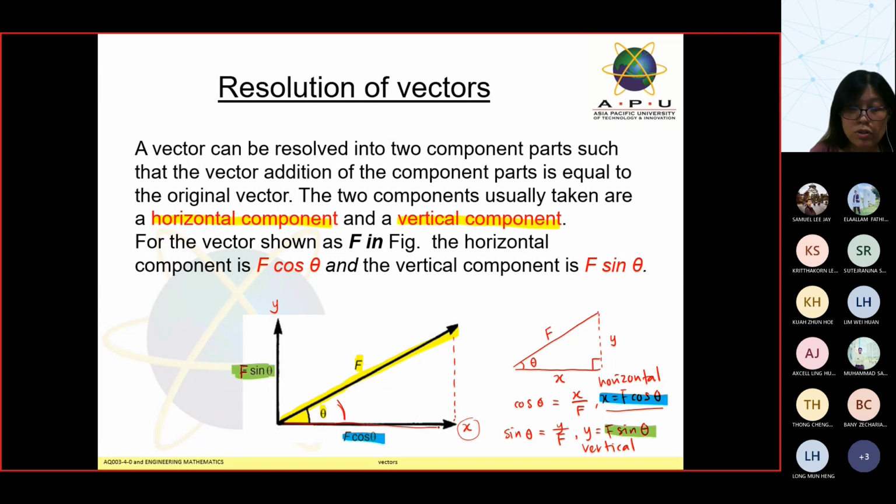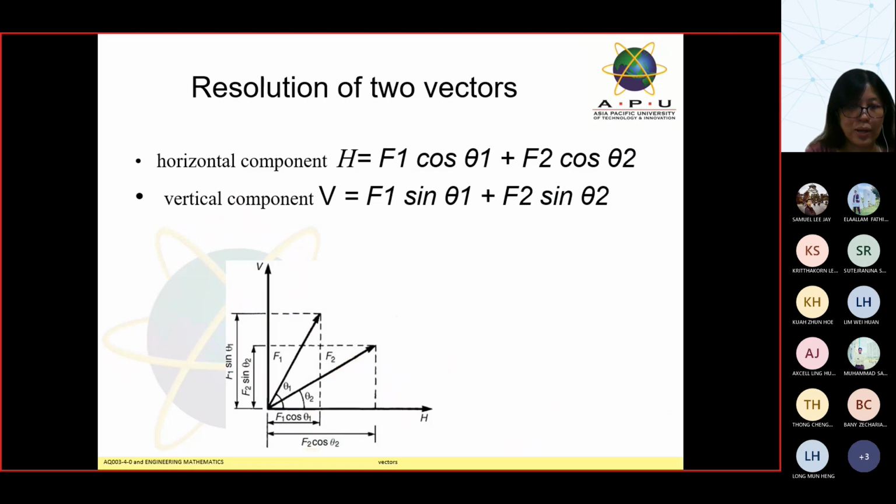So if your theta is on the horizontal line, then to get the horizontal component it's always f cos theta, and the vertical component is always f sine theta. Okay, so take note of this. Then let's move on to the next one.